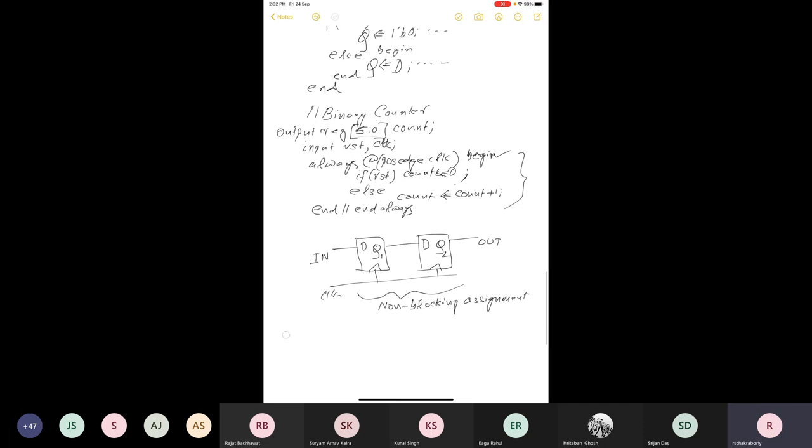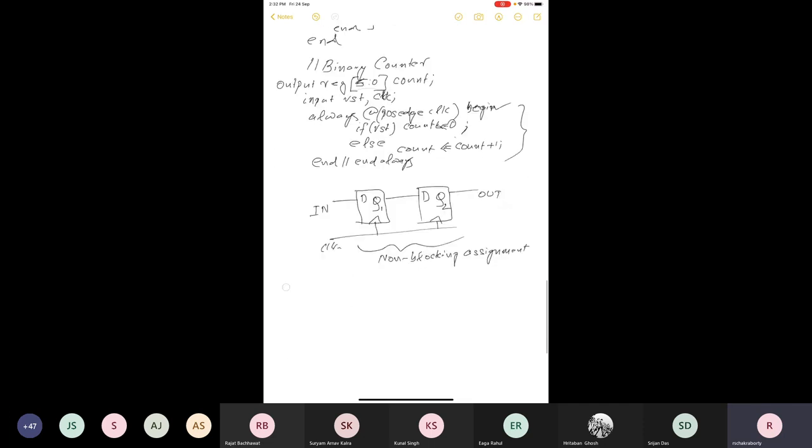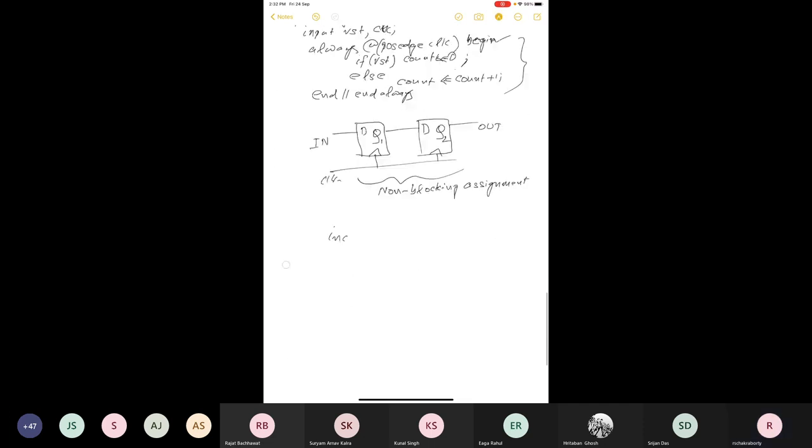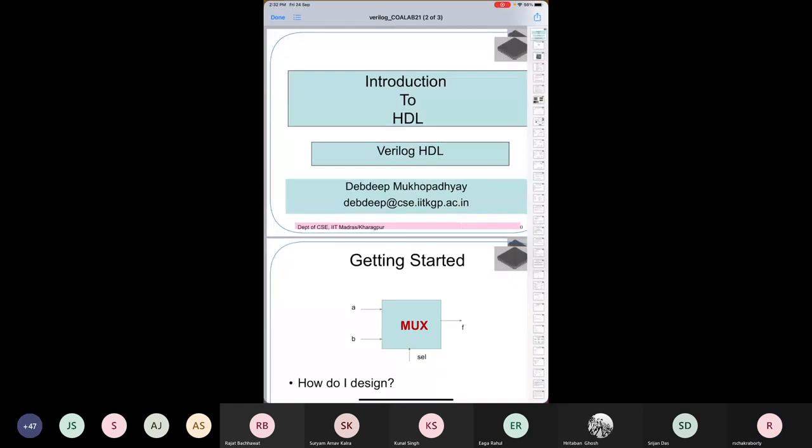Another thing you should avoid is this incomplete case statement. Because in some of the problems, you might need to use a case statement inside always blocks to denote combinational logic. Let me show you an example from the slide.